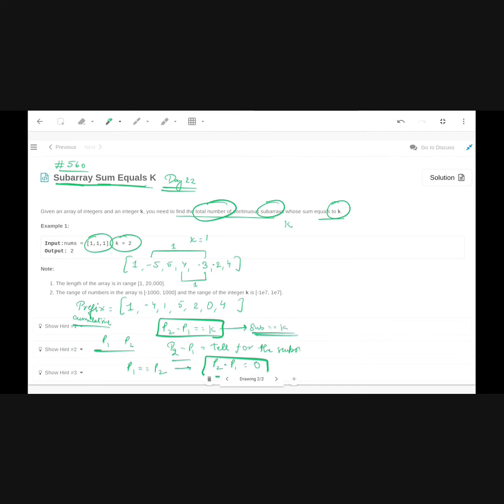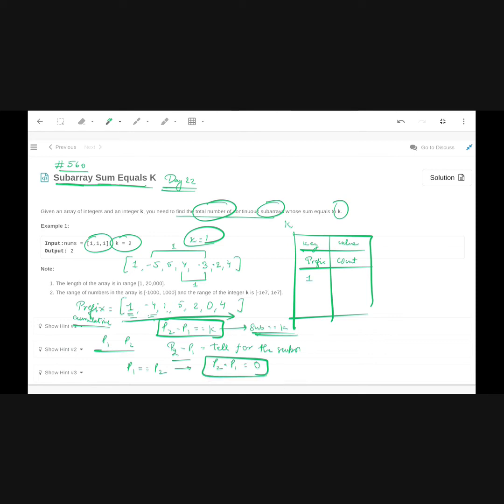For counting purposes, we'll construct a hash table where the keys are the prefixes. We add the prefixes in this hash table with the corresponding count. So prefix 1 has count 1, then we have -4, then 1. Now 1 appears again, so we add it to the count here. While doing this, we also check if P minus K exists in our hash table.